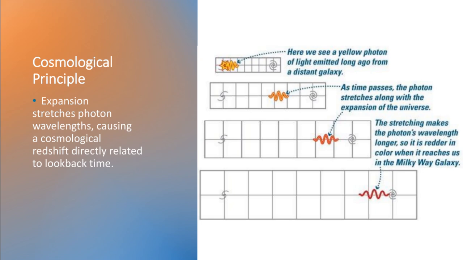And so this is where that redshift that we were talking about comes from. So, for example, a yellow photon emitted during that supernova will be stretched, and so it'll be more red when it actually makes it to the observer in, say, the Milky Way galaxy.